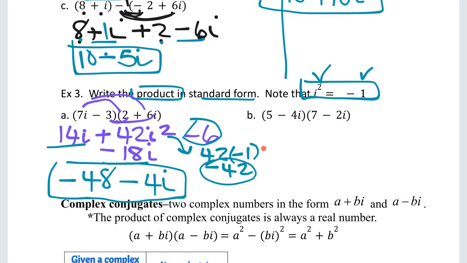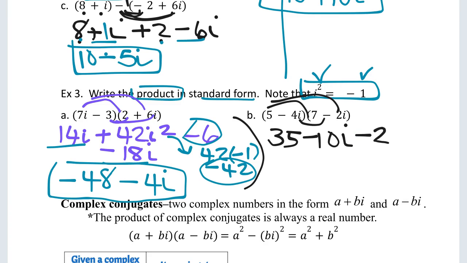Continue on to example B the same way. 5 times 7, 35. 5 times negative 2i, negative 10i. Negative 4i times 7, negative 28i. Negative 4i times negative 2i is a positive 8, followed by i times i is i squared.